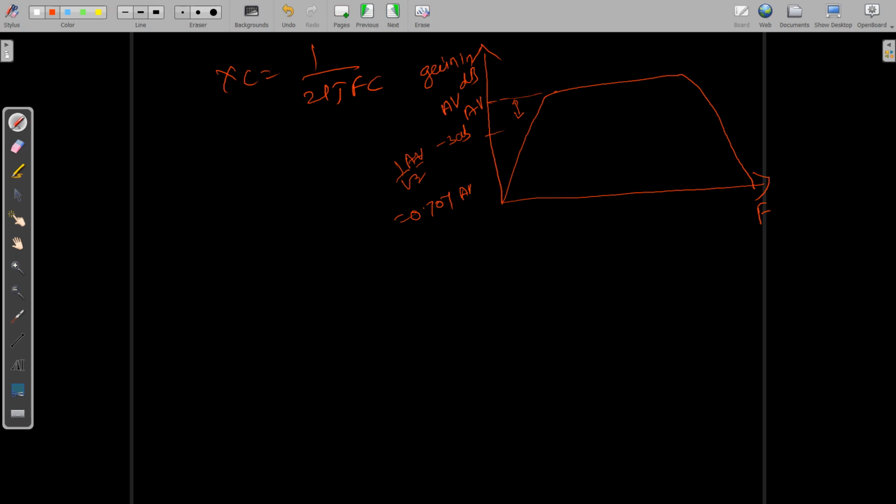Now I draw the parallel line, and where it crosses I mark the lower frequency FL and the higher frequency FH, and this will be my bandwidth. So bandwidth is FH minus FL, or F2 minus F1.